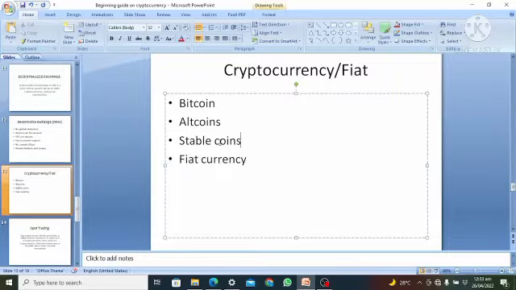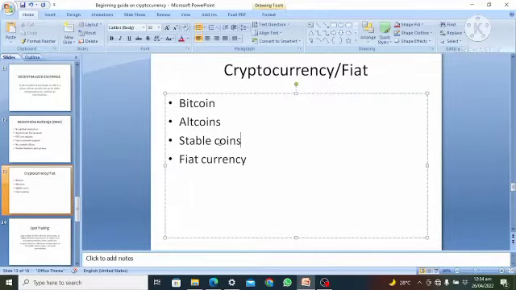Then we talk about stable coins. Stable coins are coins that do not change in price easily like that. An example of a stable coin is USDT. They are stable coins.